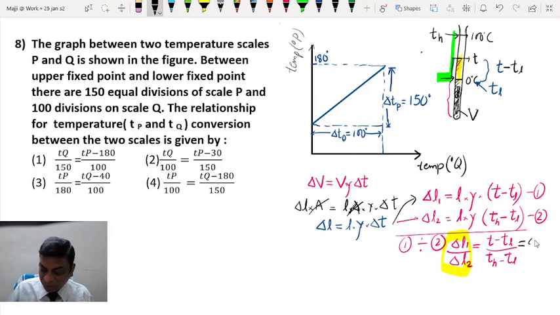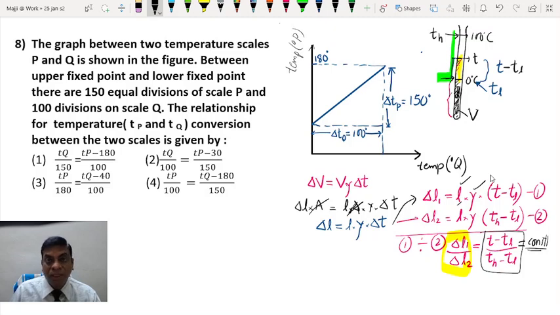In other words, this should be constant regardless of the temperature scale, because we have eliminated the original length of the mercury column and we have also eliminated the gamma of the substance.